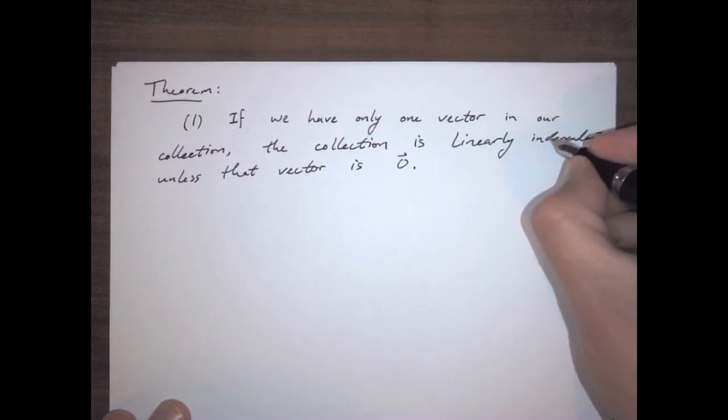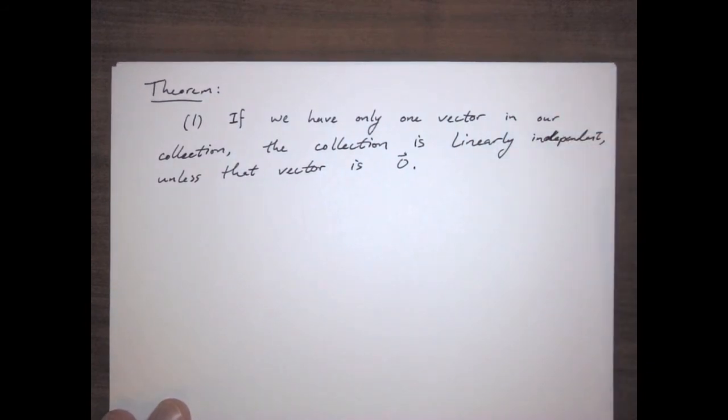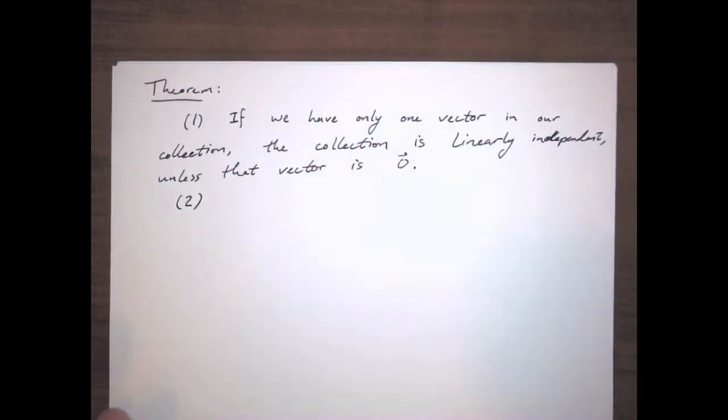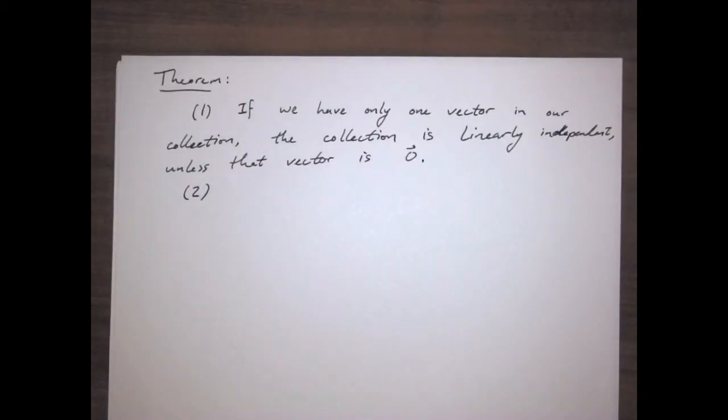So the vector has to be 0 to begin with in order for the set to be linearly dependent. Otherwise, just a single vector can't possibly be redundant. It must be independent unless the vector is 0.